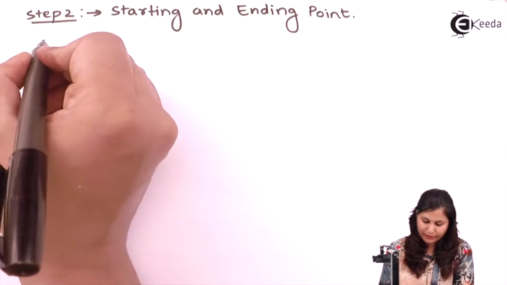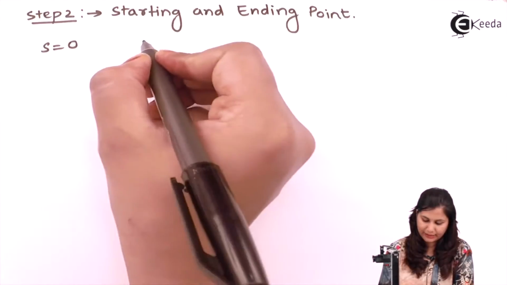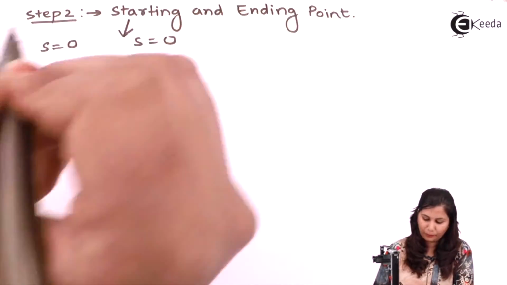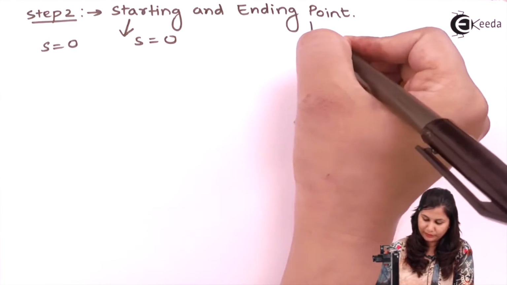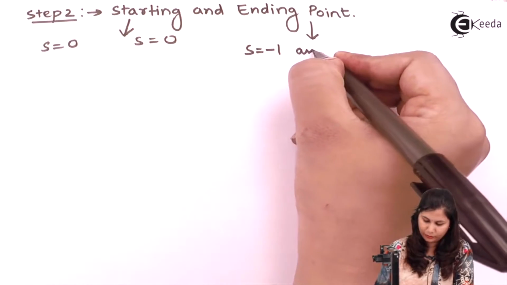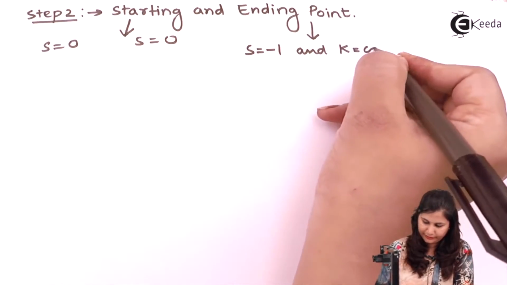So the starting points will be the two poles, s = 0 and s = 0, and the ending points will be s = -1, that is the zero, and k = infinity.